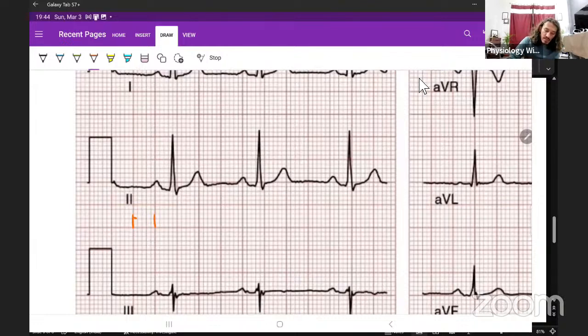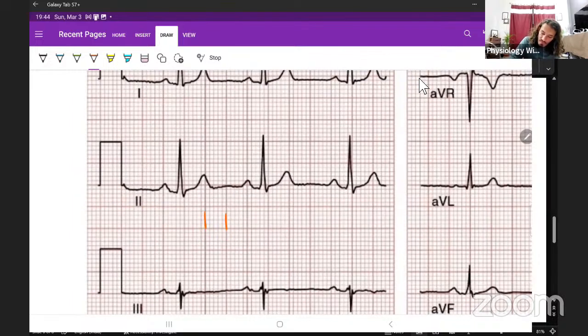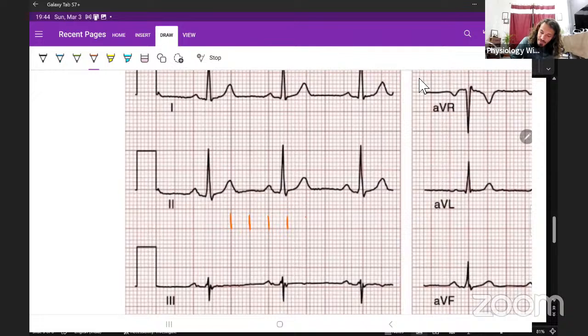If you take from here to here, that is 5, another 5, another 5, another 5. If you see 1, 2, 3, 4, 5, that is going to be 25 millimeters. Please remember, this was 1 millimeter.